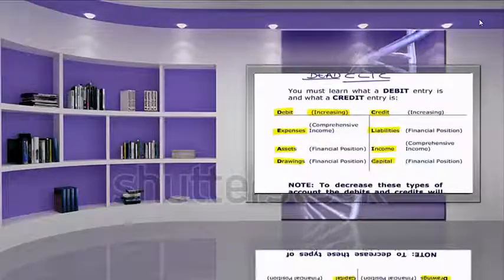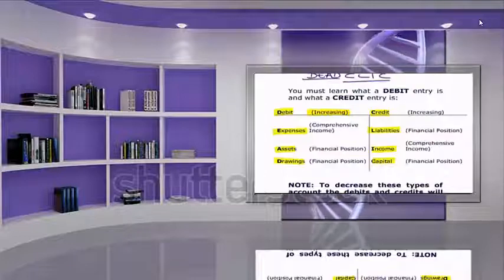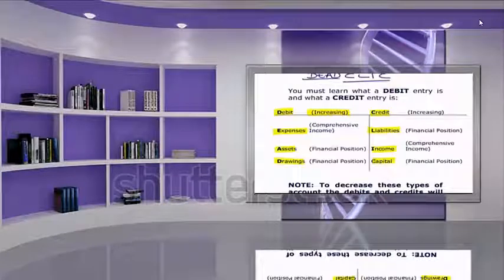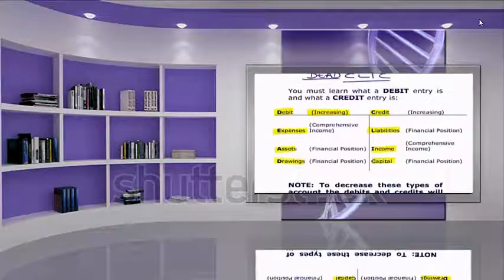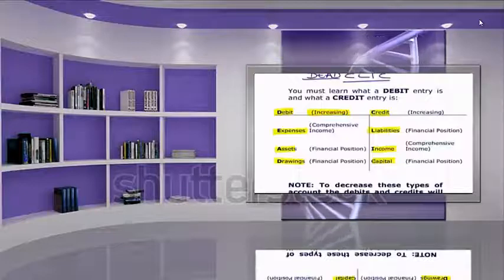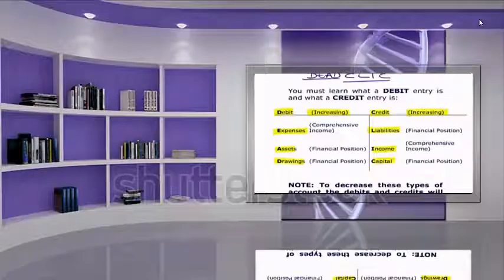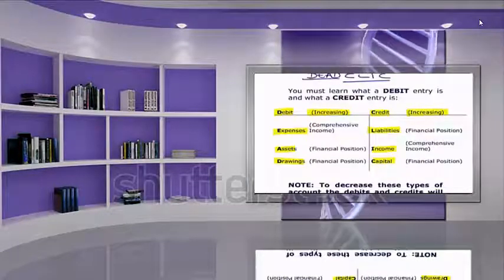Capital is the amounts invested by the owners in the business, and capital would also appear in the statement of financial position as well. Okay, so DEADCLIC, debit on the left, credit on the right, and remember DEADCLIC only works if you are increasing those different types of accounts.